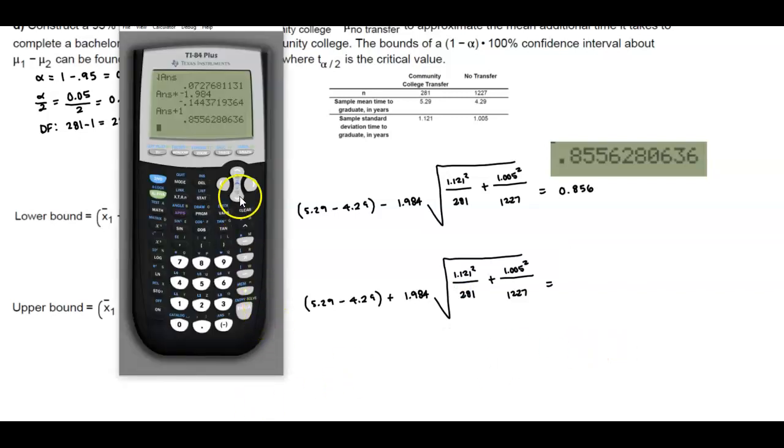So if we go back, we can go back up and find out what that answer was when you took the square root inside, which is there. And then we're going to multiply that by positive 1.984. And then what we're going to do is we're going to add 1. And so therefore it's going to give us that result.